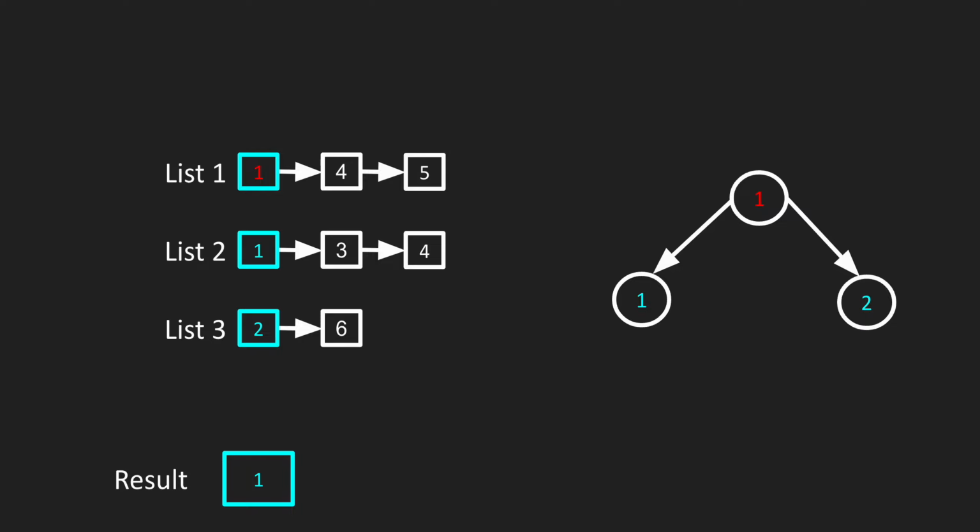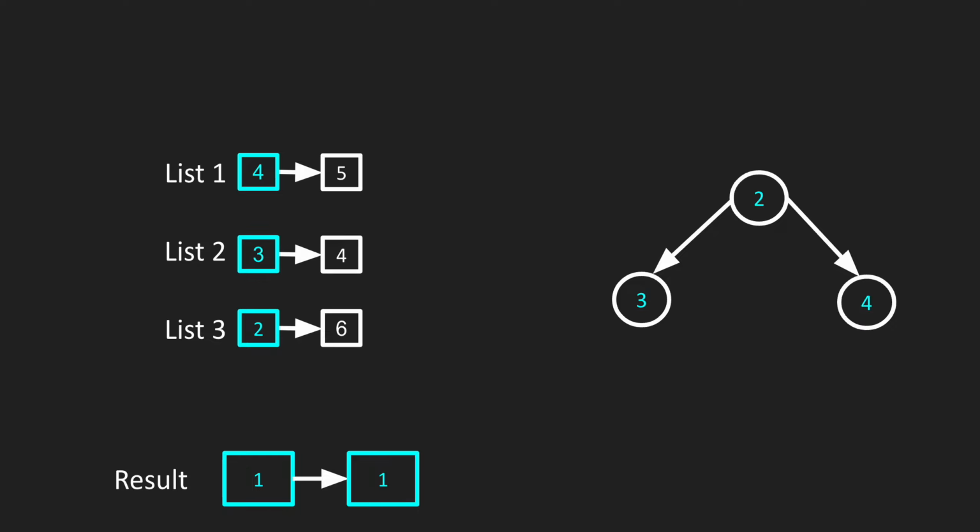Since list 1 has a next element, we are moving to the next node and adding that to our minimum heap. The same operation we are performing again: we are taking the element from the root and adding that to our result. And since list 2 has a next element, we are adding 3 to our minimum heap.